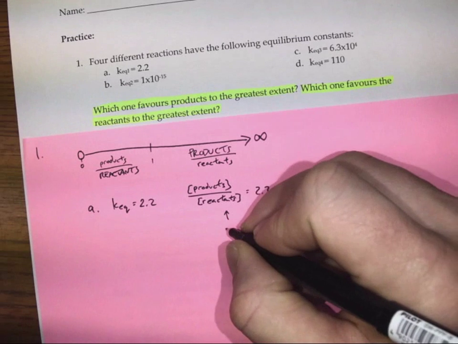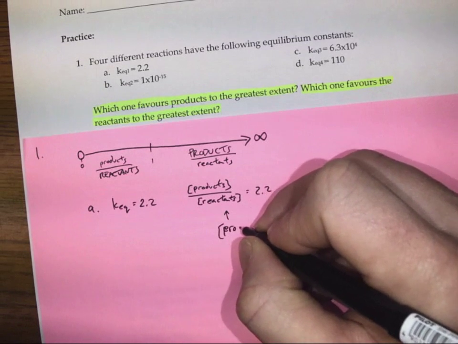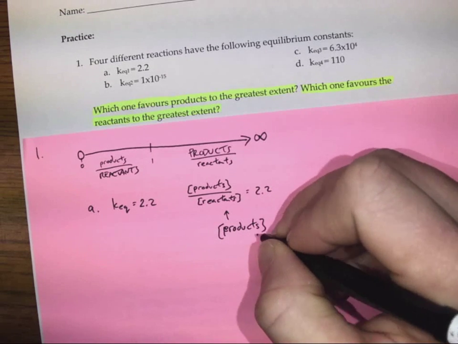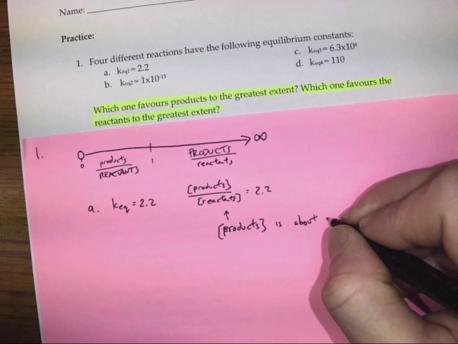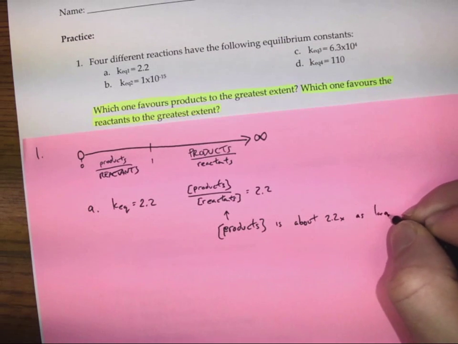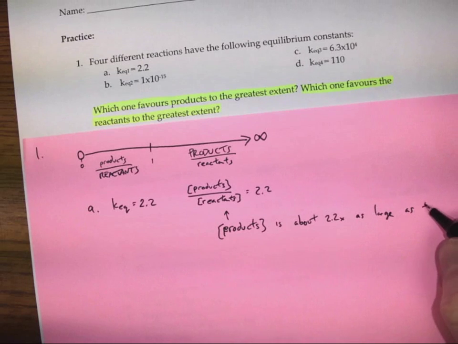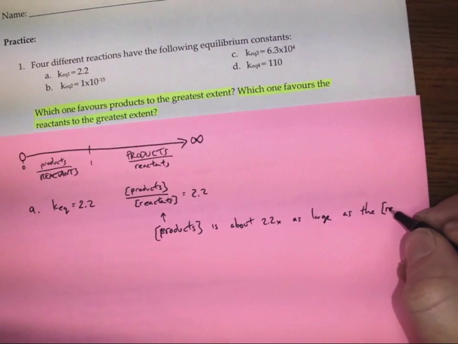So this says the concentration of products is about 2.2 times as large as the concentration of the reactants.